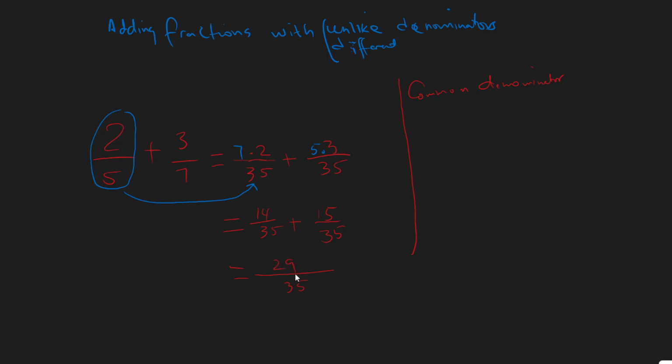So 29 is a prime number, and there is no way we can simplify this answer. So the answer is the way it is, which is 29 over 35. 2/5 plus 3/7 is equal to 29 over 35.